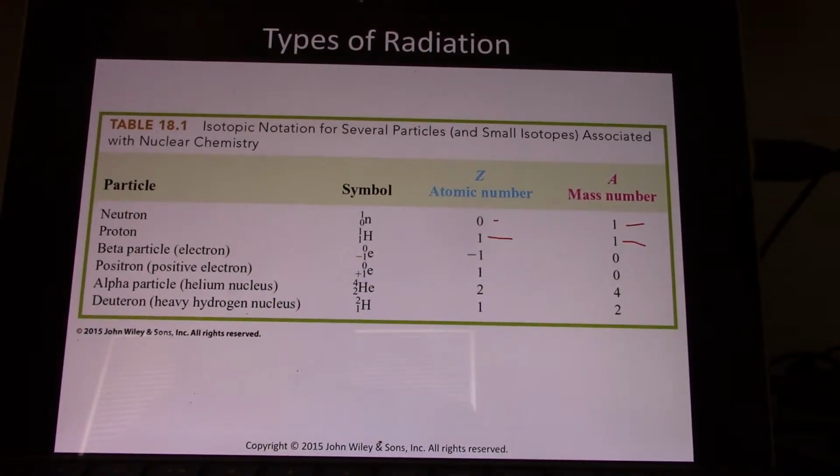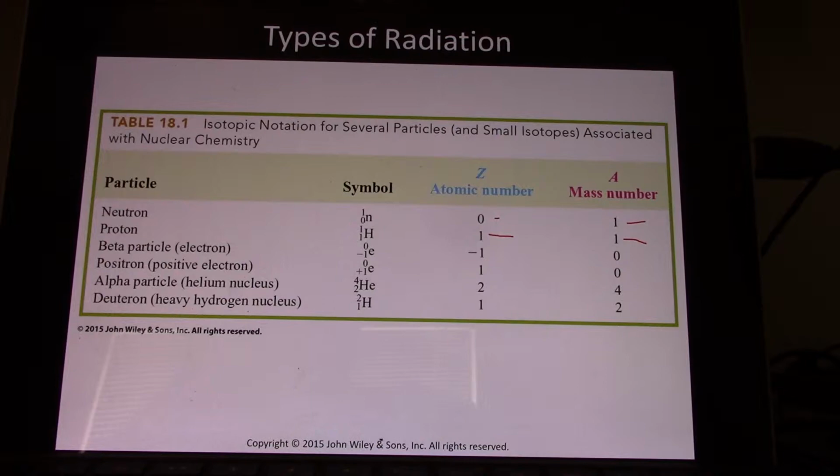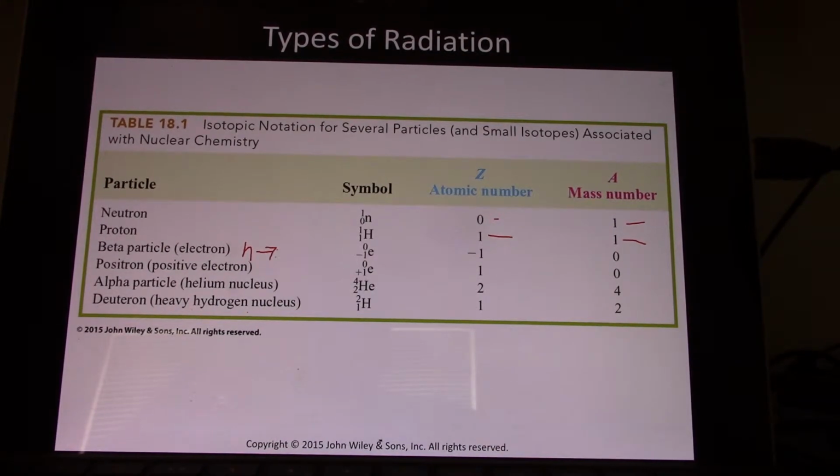Beta particle. A beta particle forms when a neutron decays. So a neutron can break apart into a proton plus an electron. When these electrons fly out of the nucleus, we call them a beta particle, and beta negative radiation produces that. Positrons come from beta positive radiation.